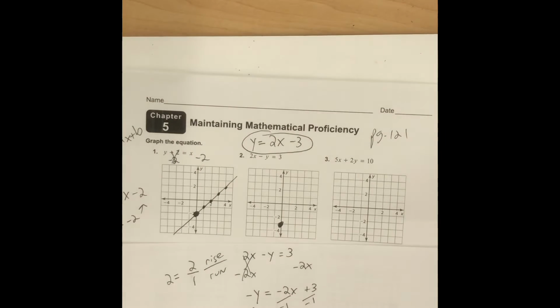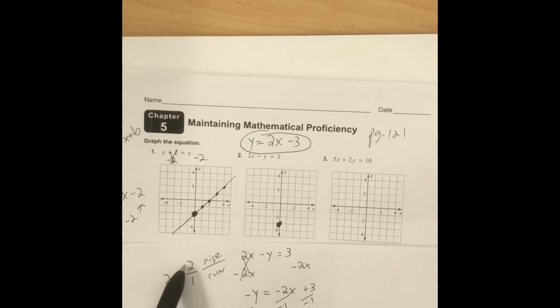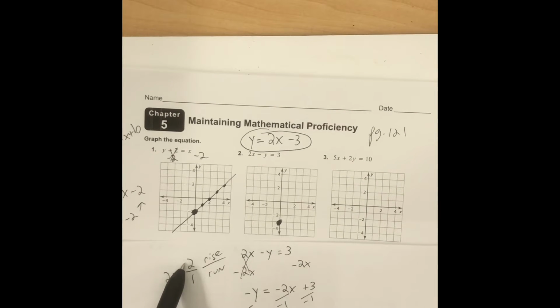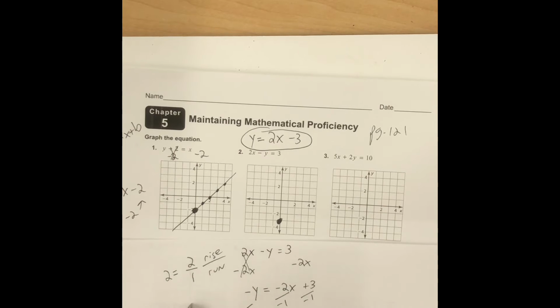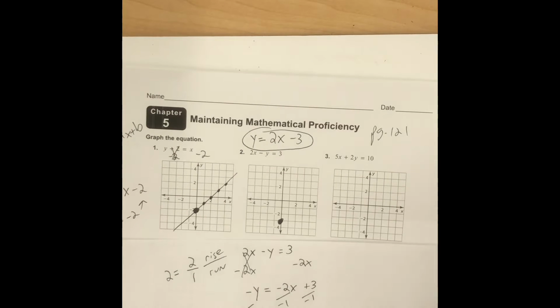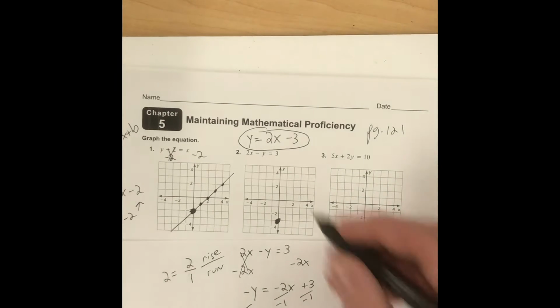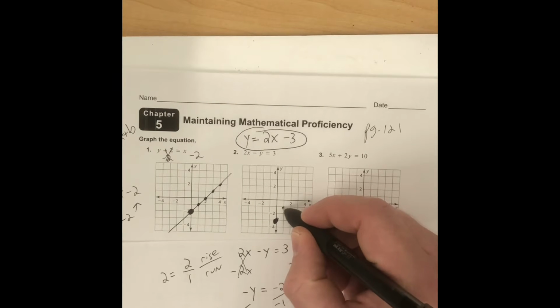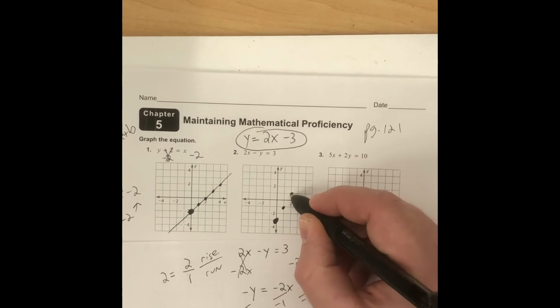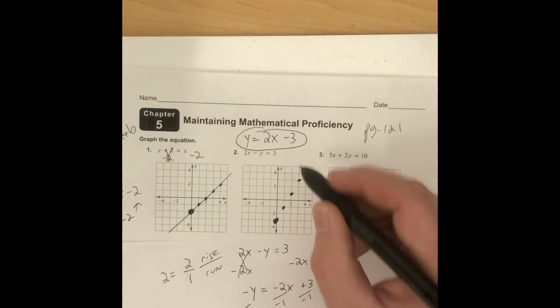And just like last semester, slope is rise over run. Rise over run. All right, so 2, even though it's not a fraction, my rise is 2, and it's positive, so I'm going up, and then over 1 to the right. We always run to the right. Up 2, over 1. 2, over 1.